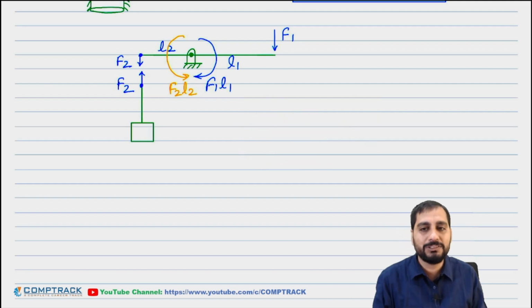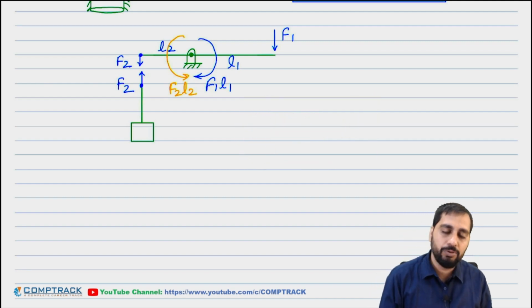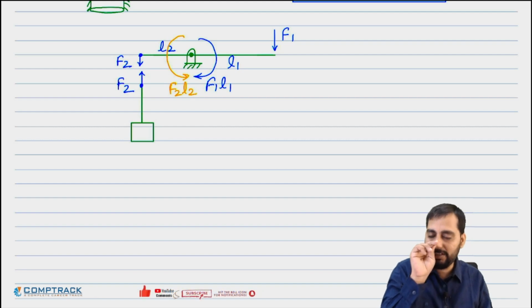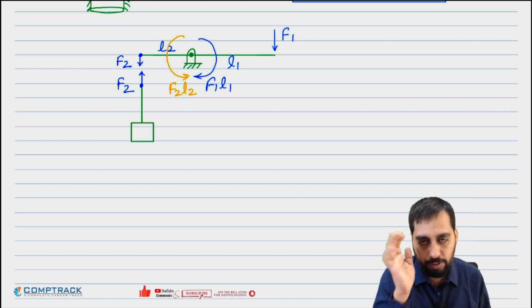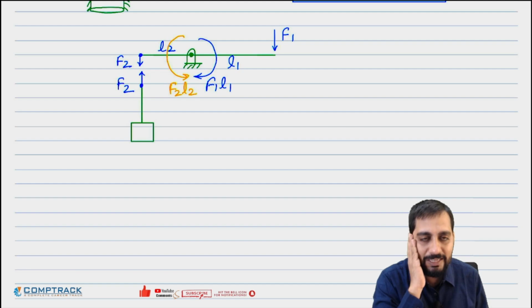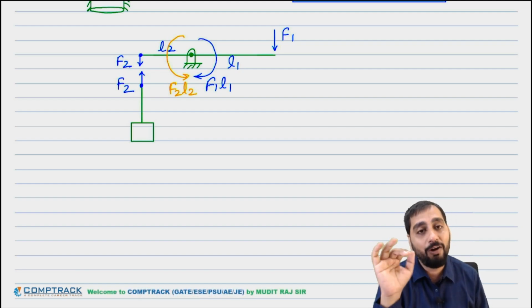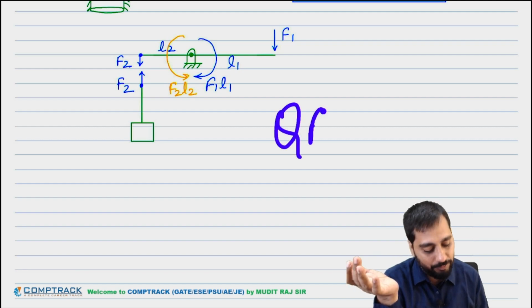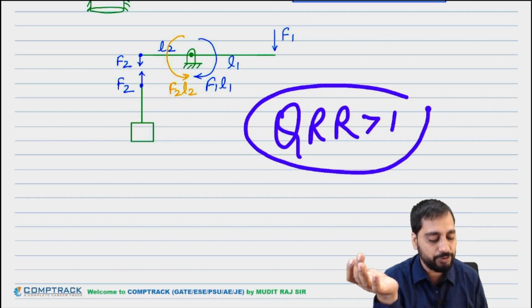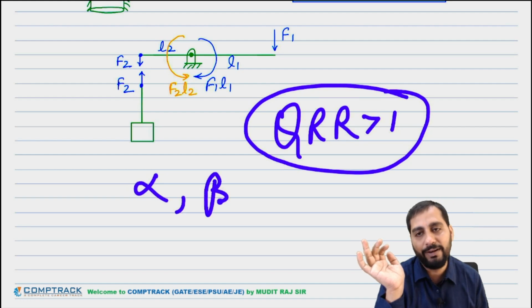It is returning quickly, but in the books and in the questions, we will also get questions, don't worry. In a few questions they will ask about quick return ratio, or sometimes they will give you the value of quick return ratio as more than 1 in the question, and they will ask the angles alpha and beta.